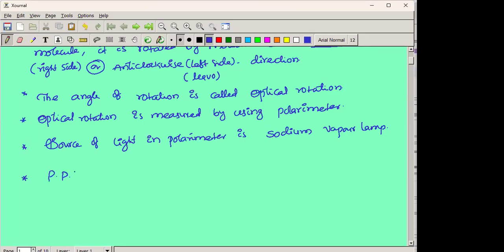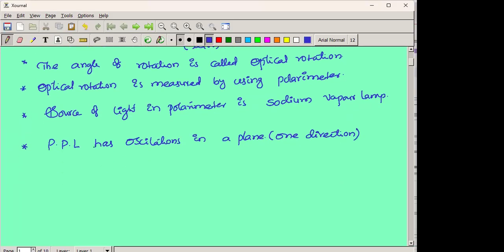Plane polarized light has oscillations in only one plane, that is, in one direction. That is called plane polarized light.